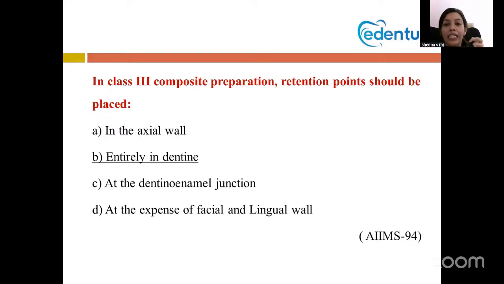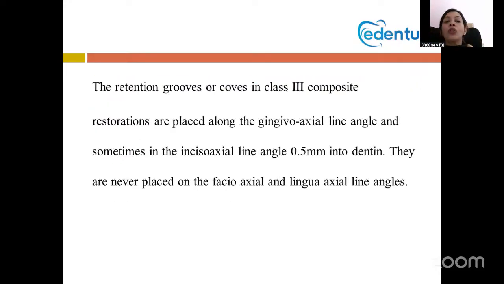The retentive grooves or coves for class 3 composites are always placed along the gingivo-axial line angle, that is the gingival wall and the axial wall. Sometimes it might be at the inciso-axial line angle, at 0.5 mm depth into dentine. They are never placed on the facio-axial and linguo-axial line angles because there is a chance of fracture. That is why we do not provide these grooves and coves, or retentive features, on the facial and lingual sides.